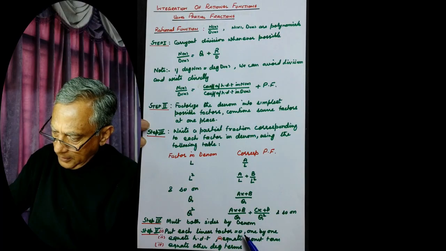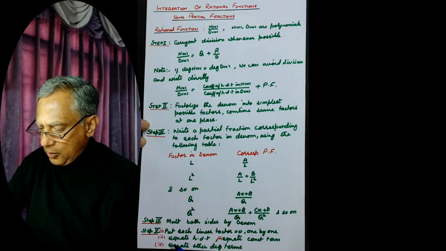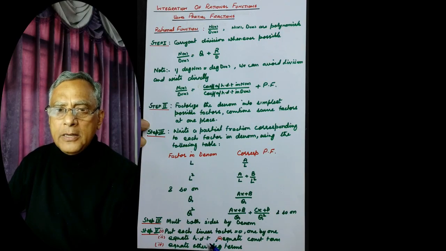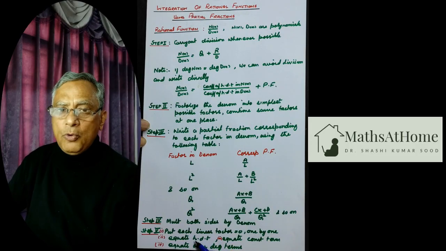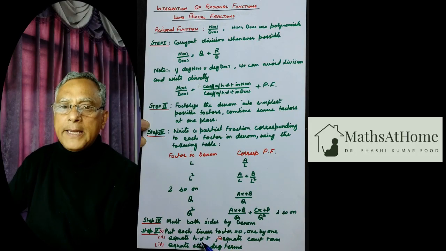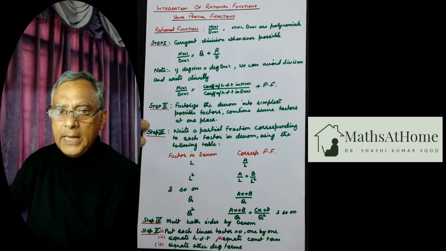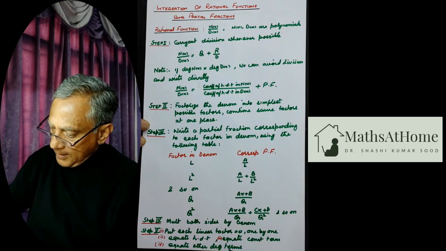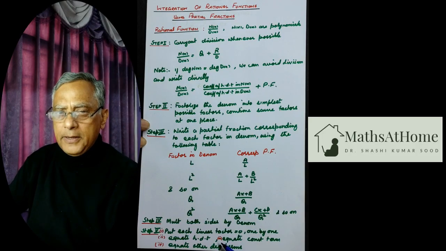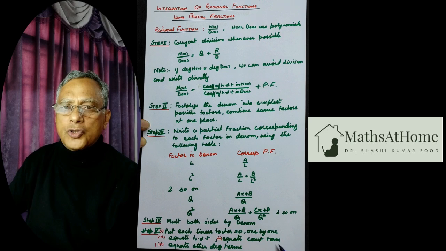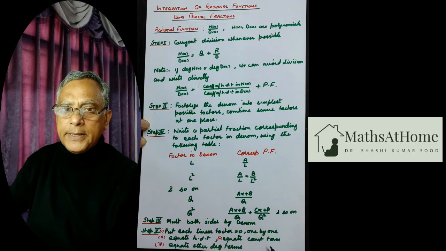And if there are still some constants left, we will equate the coefficients of the highest degree term on left hand side and the coefficient of the highest degree term on the right hand side. And again, if still some constants are left, next we will equate the constant terms on both sides.